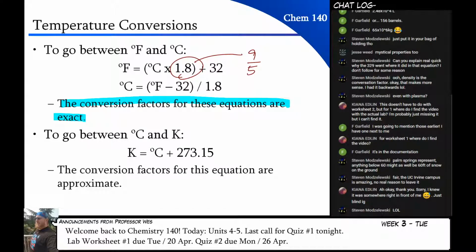But when you go to Kelvin, Kelvin has a 0 that is a physical constant, which is absolute 0. And our conversion between Kelvin and Celsius, therefore, is going to be approximate, because we can't set the 0 point for Celsius somewhere that will fall exactly on the Kelvin scale and still have it be a meaningful relationship.